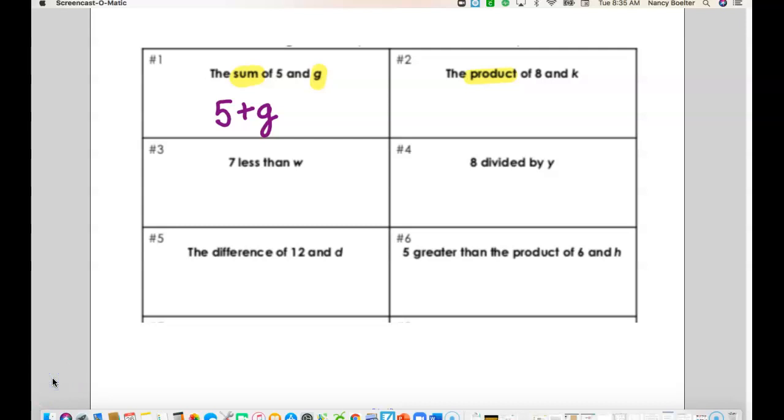So for multiplication, we either want to use that dot, the star, parentheses, or we can just write the number next to the variable. So we could do 8k, 8 times k. We could do 8 parentheses k, or we can do 8 star k.